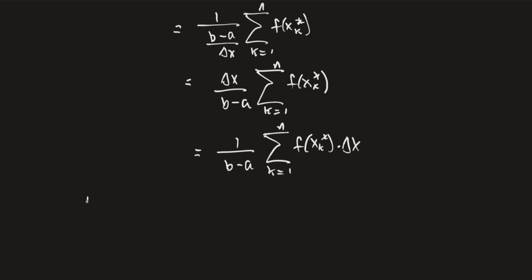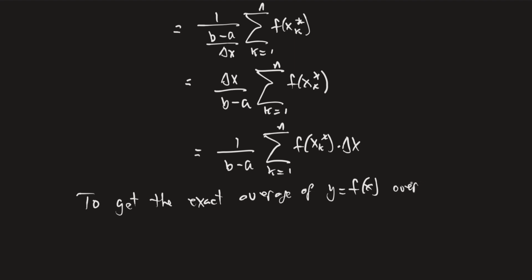So let's write that down. To get the exact, not the approximation now, the exact average value of y equals f of x, again, over the interval a to b, right?